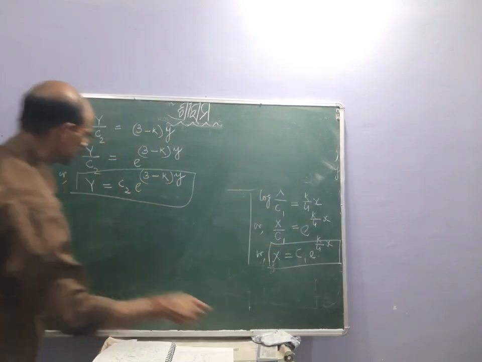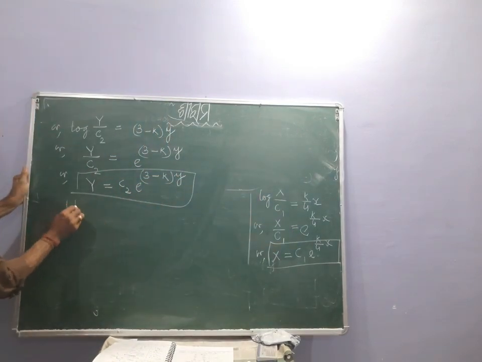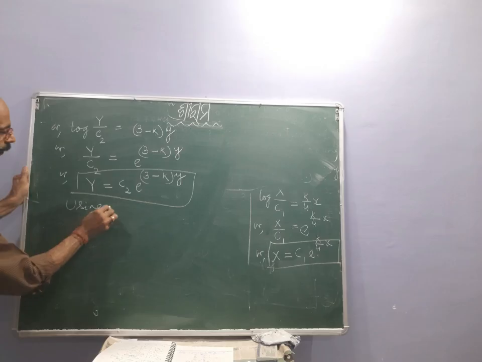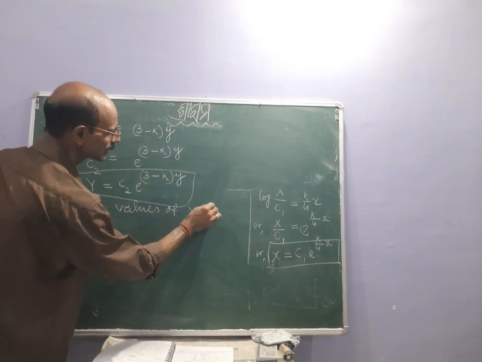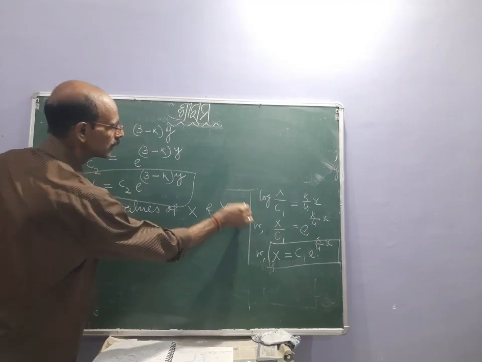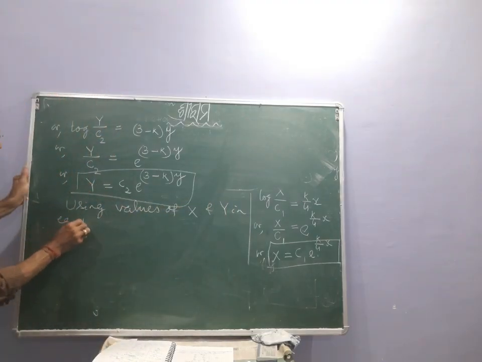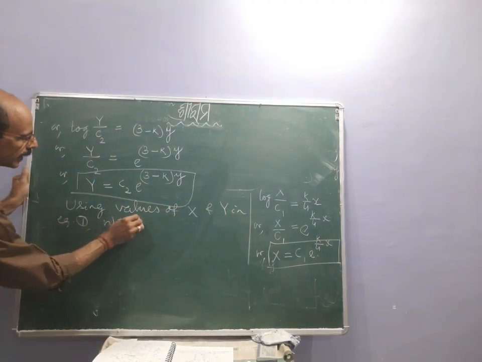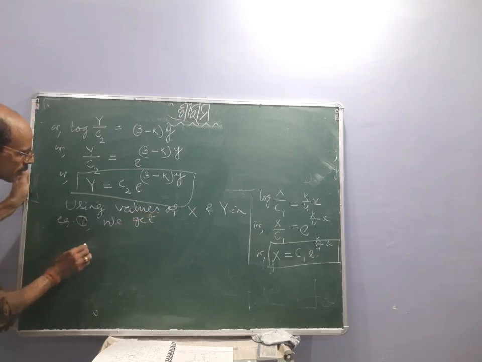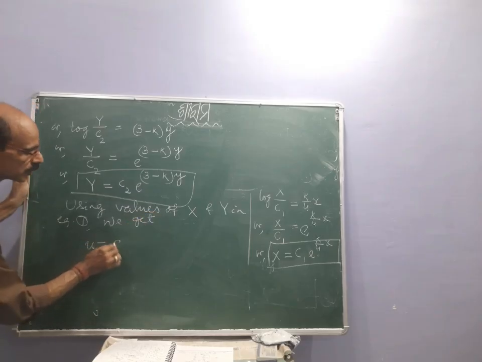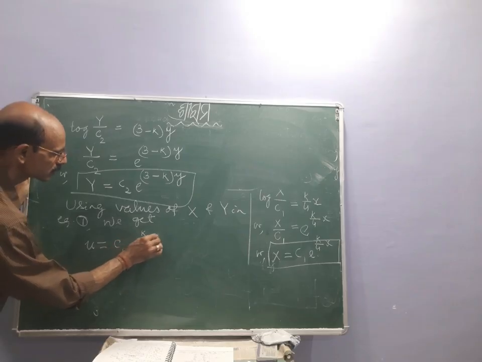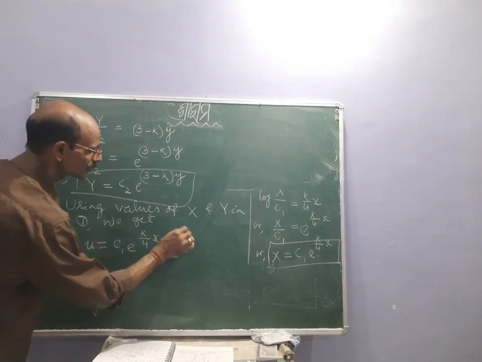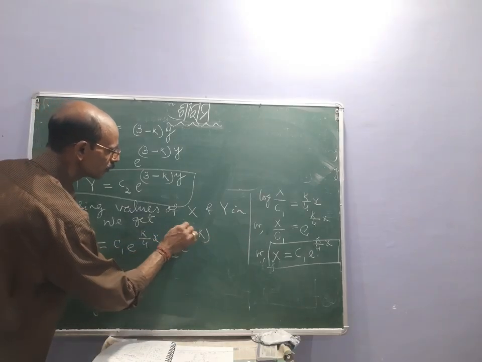Now use the values of x and y in equation 1. We get u is equal to c1 exponential k by 4x, c2 exponential 3 minus ky.